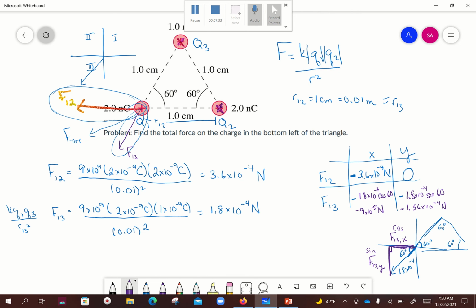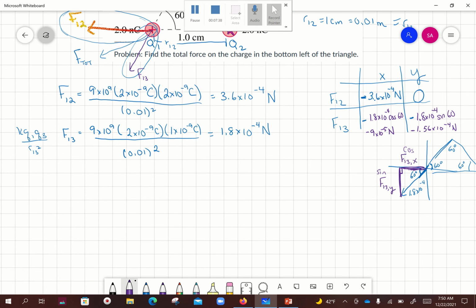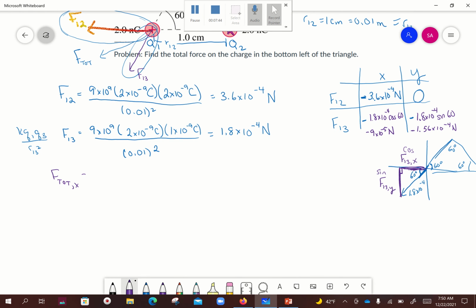Okay, so now I want to find the total. So let me scroll this down so I can get there. F total in the x direction, to get that, what I do is I just add up down my column. So let me put these in brackets so you know that's the result. So my F total in the x direction is minus 3.6 times 10 to the minus 4 minus 9 times 10 to the minus 5.